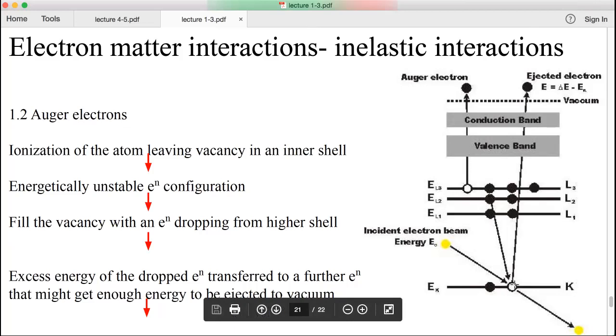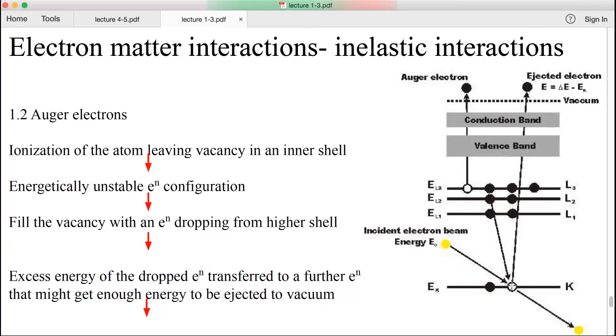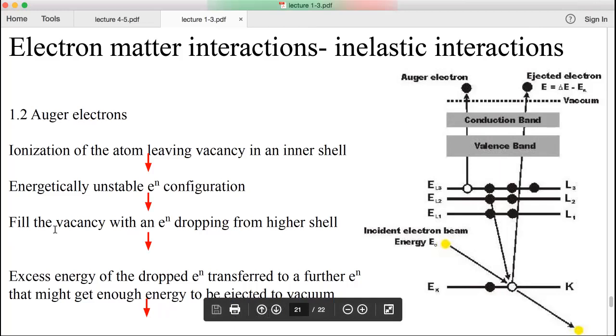Now the configuration we have is an ionized atom, which is an energetically unstable electronic configuration. What happens is the atom will fill the vacancy with an electron dropping from a higher shell, right?